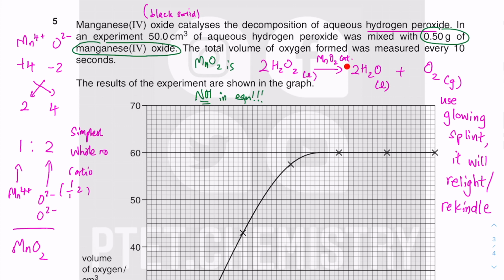In fact, a catalyst is never used up; you get the exact same amount of catalyst at the end of the reaction. So this mass is of no use. There's no use trying to work out the Mr of MnO2 because it's a catalyst. On the other hand, the volume of O2 is going to be important. So 60 cm³ of O2 get produced, and you use 50.0 cm³ of aqueous hydrogen peroxide.